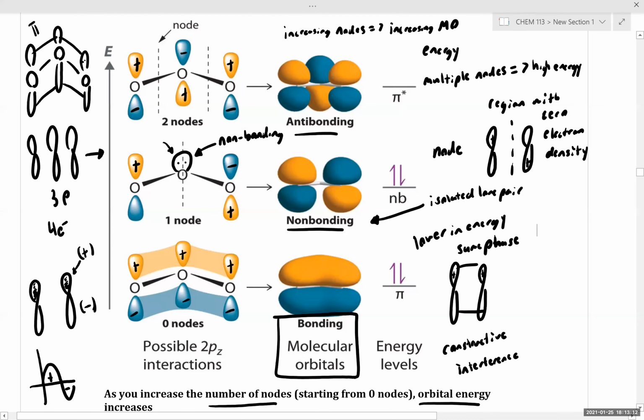So these molecular orbitals are describing the distribution of electron density in our molecule and helping us describe molecular energy, but the energy of an individual molecular orbital doesn't match the overall molecular energy. Does that make sense? So the nodes are directly related to the energy for a given molecular orbital.